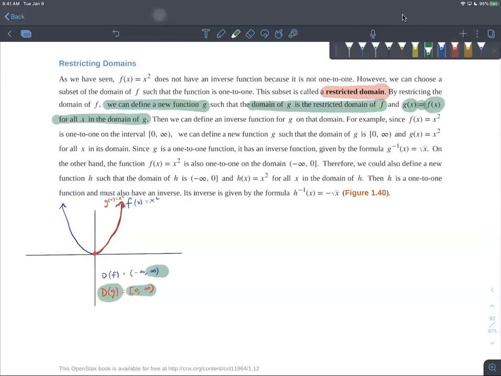So now, even though f of x equals x squared did not have an inverse function because it's not 1-to-1, g can have an inverse function.